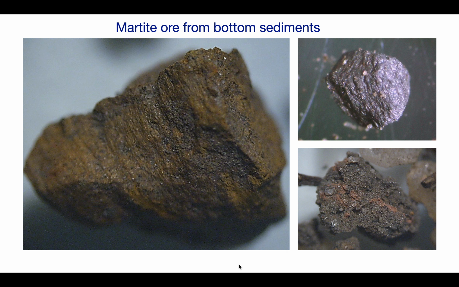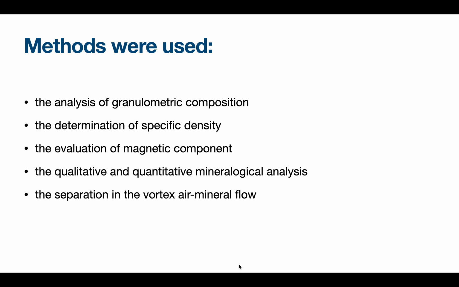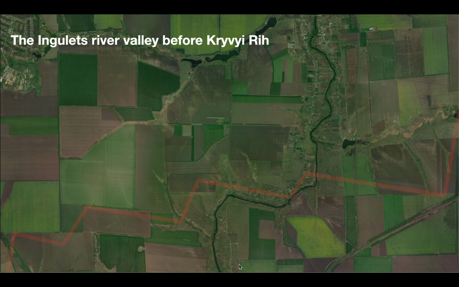To achieve these goals, such methods were used: the analysis of granulometric composition, the determination of specific density, the evaluation of magnetic component, the qualitative and quantitative mineralogical analysis, and the separation in the vortex air mineral flow. The Ingles River system is diverse.